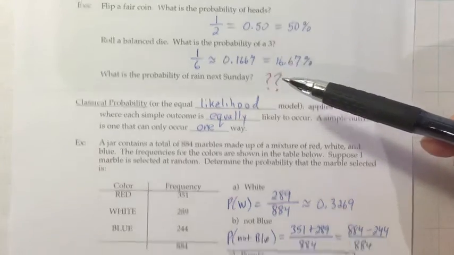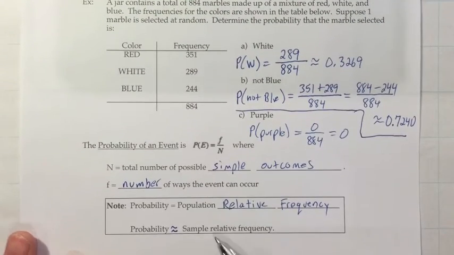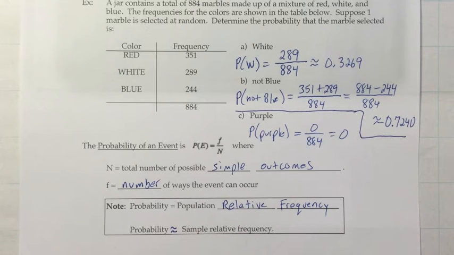I would just say it's an approximation of that probability, and it's not going to be perfect. So if you have a sample relative frequency, it'll probably be close to what the real probability is, but typically it would not be the same. And the bigger your random sample was, the better approximation that relative frequency would be for the probability, and we'll take advantage of that in later chapters.